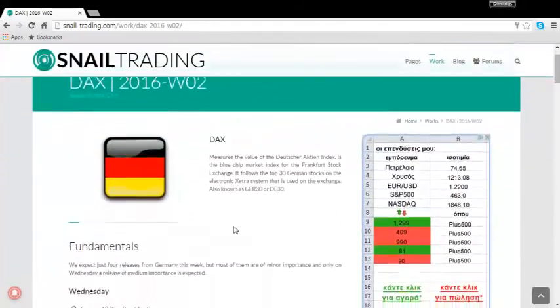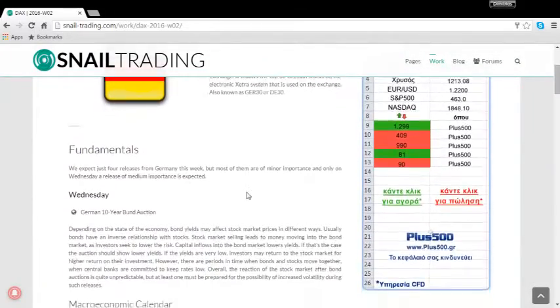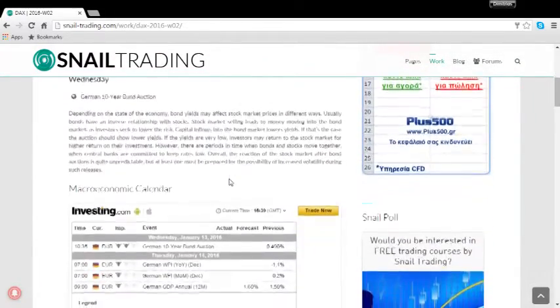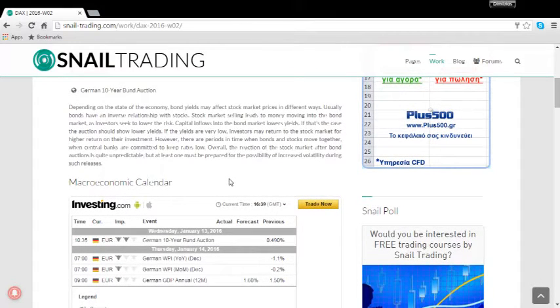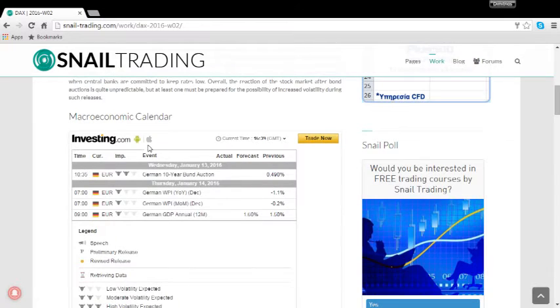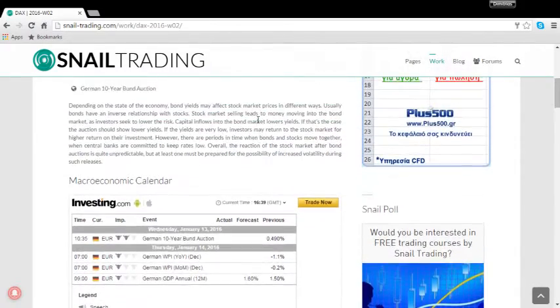Talking about fundamentals, during the week there are several fundamental events and releases from around the globe that affect the valuation of the different financial instruments. On each report we include a macroeconomic calendar, using the services of investing.com, of course, with the most important events that we expect to affect the specific instrument.